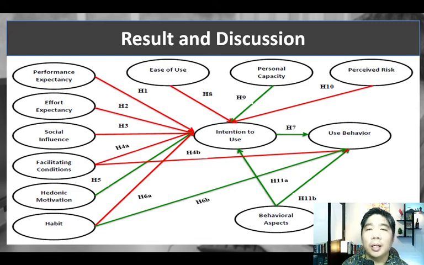Next, hypothesis 4b, from facilitating condition to user behavior. The facilitating condition factor doesn't affect user behavior. Just like the relationship of social influence, facilitating condition doesn't affect the intention to use.